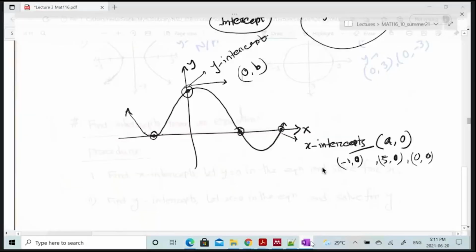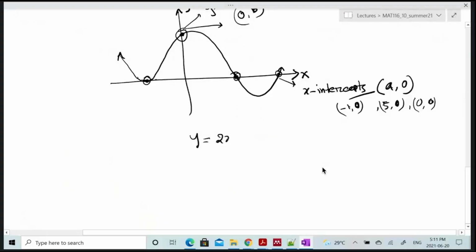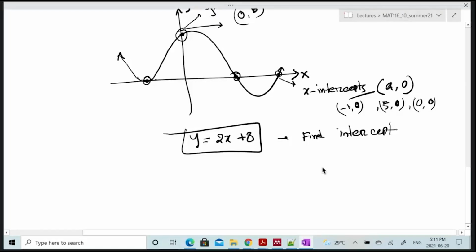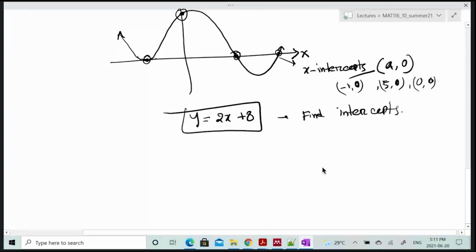So for example, we have y equal to 2x plus 8, and I ask you, find the intercepts. x is equal to minus 4. Exactly. So for the x intercept, we let y equal to 0 in equation 1 and then solve for x.